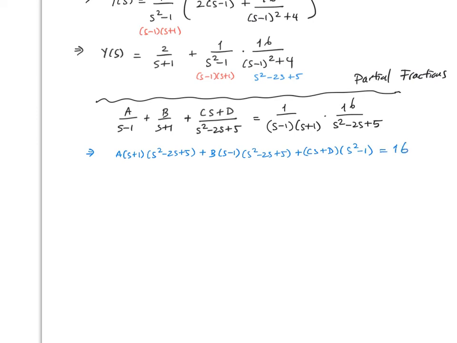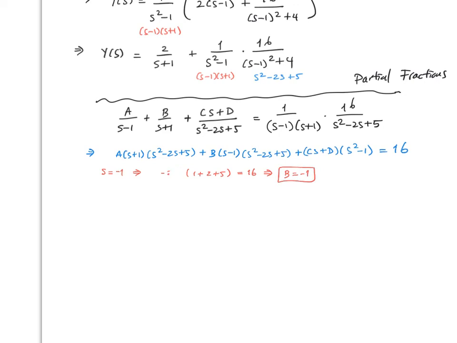All of this should equal 16. All right, so we have done this multiple times. So if s equals -1, then from here we will have -2 times B times 1 plus 2 plus 5, and they should equal 16. So that implies that B is -1.